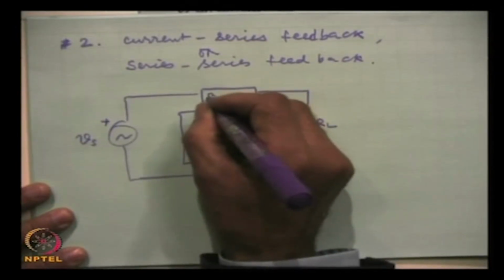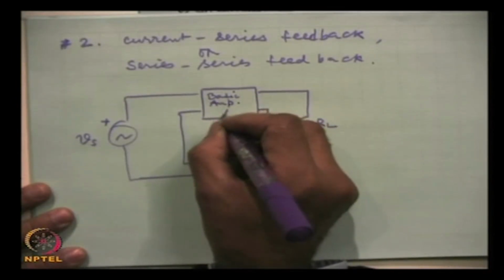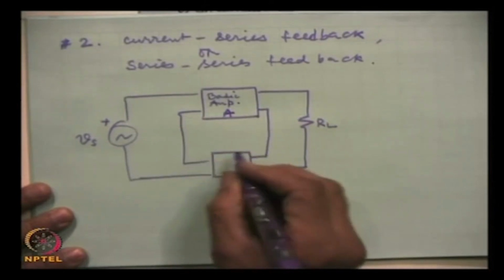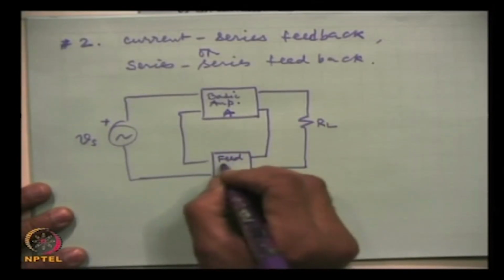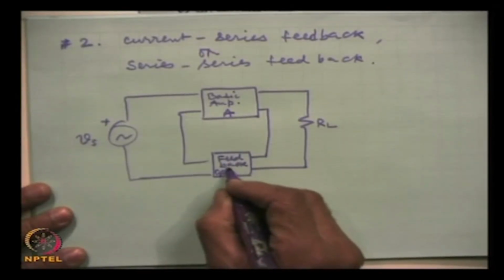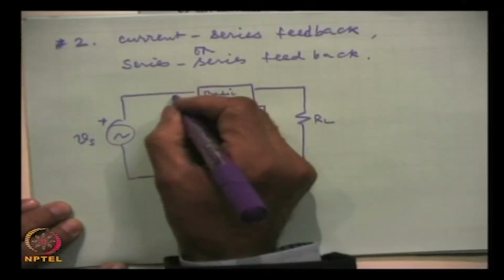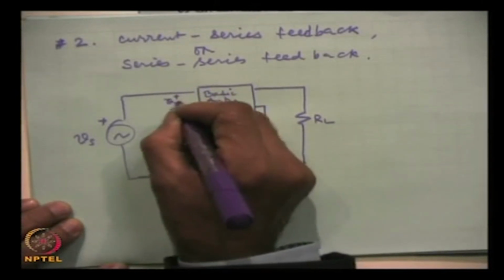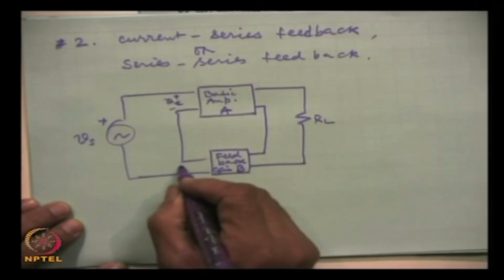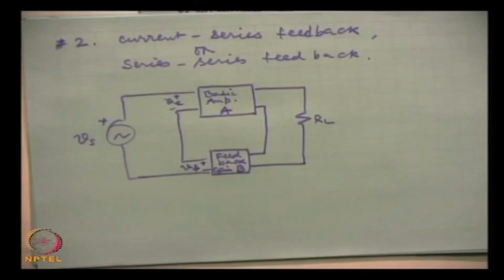This is the basic amplifier with gain A. This is the feedback network, and here the gain is B. Now, this is the error signal V E, and this is V F with polarity plus minus. So, this is the current series feedback. Why do we call it current series?